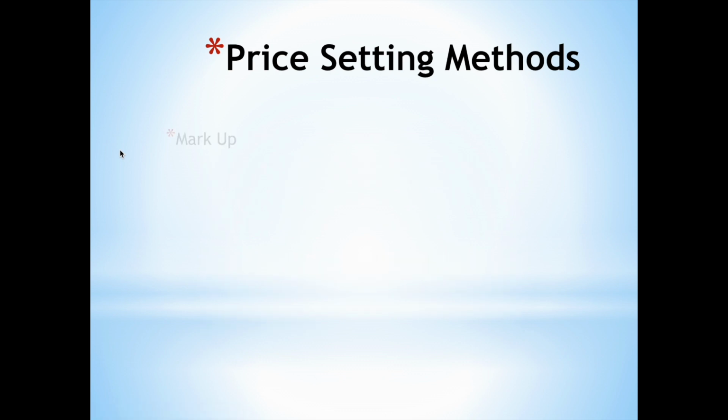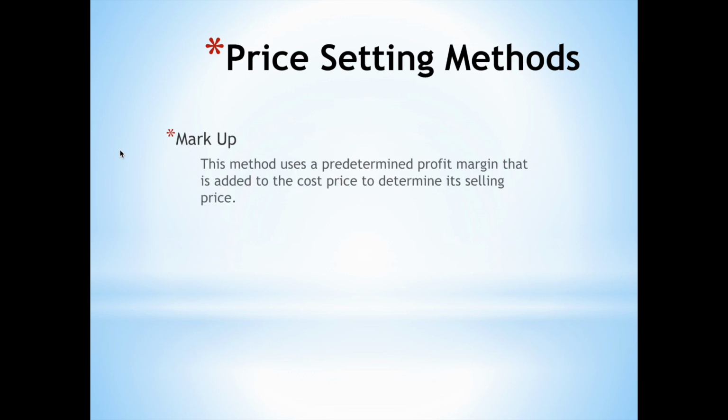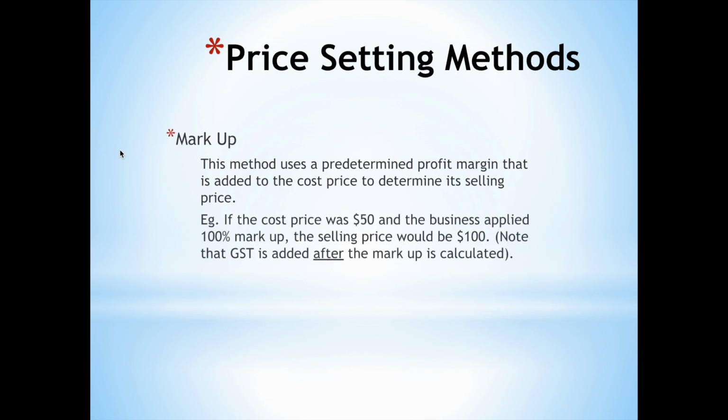The following two methods focus on earning profit and therefore require some further calculations. So let's look into that. The first calculation is known as a markup. This method uses a predetermined profit margin that is added to the cost price to determine its selling price. Let's say the product is a watch.